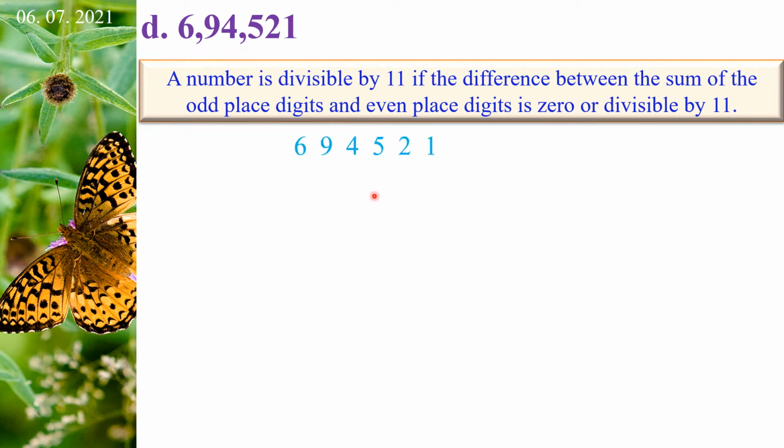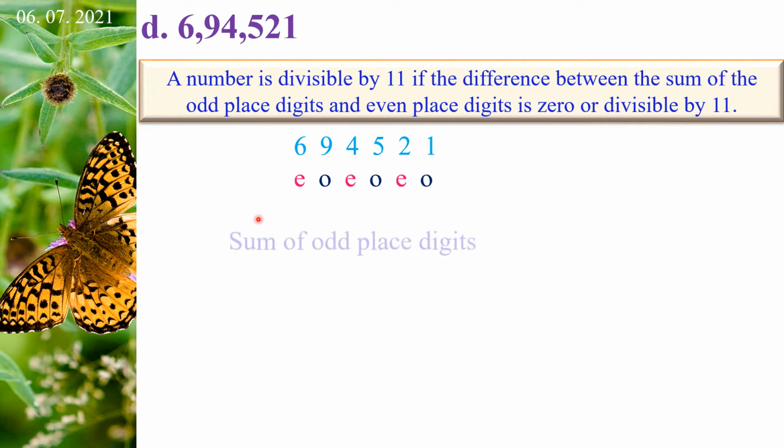Here 1 is odd place because you start with ones place, and 2 is even place, 5 is odd place, 4 is even place, 9 is odd place, 6 is even place. Okay, so let's find the sum of odd place digits.